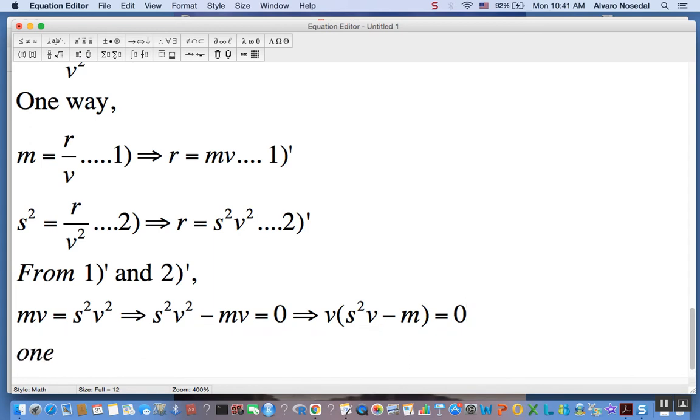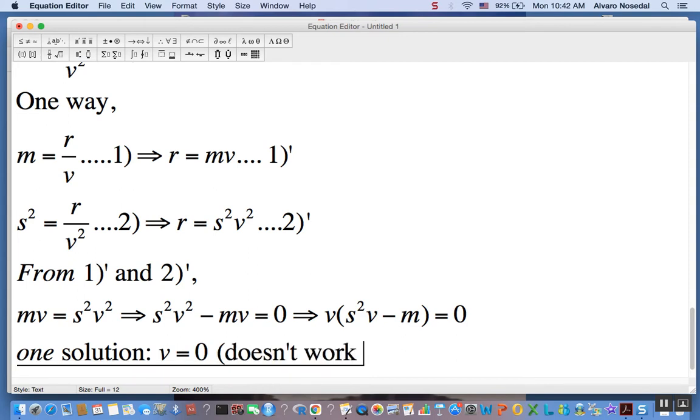So one solution, V equals 0, right? But that is not going to be helpful for us. V equals 0 doesn't work for us.